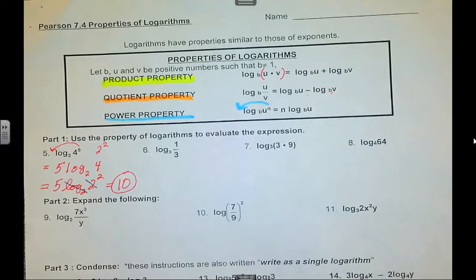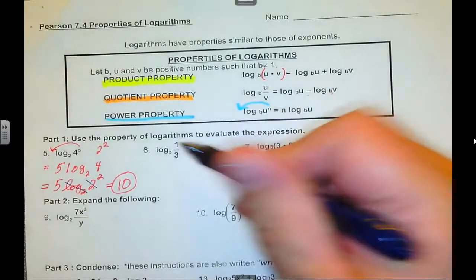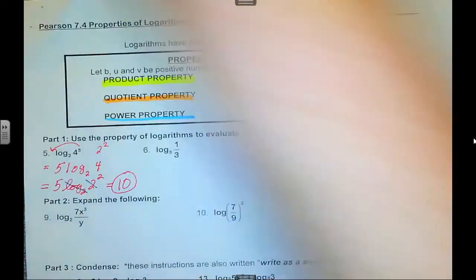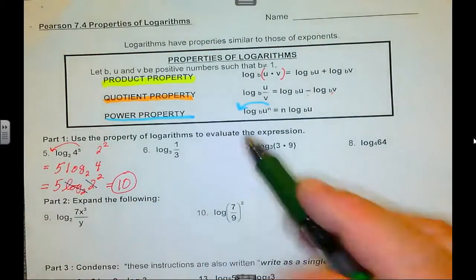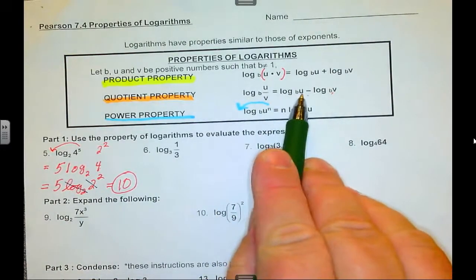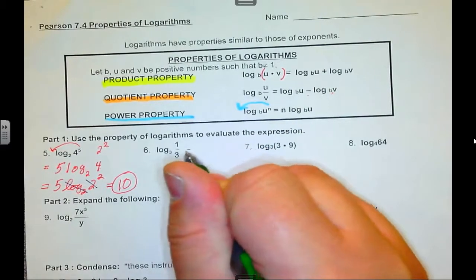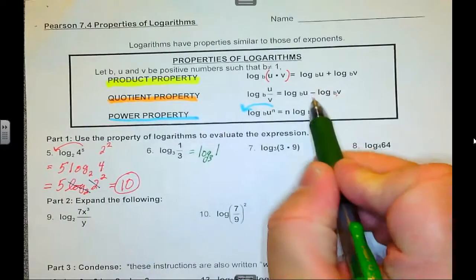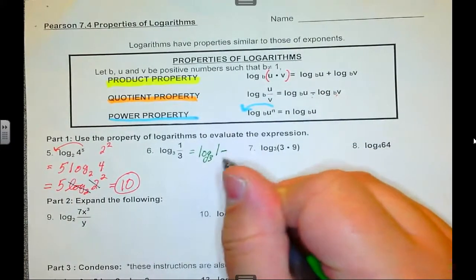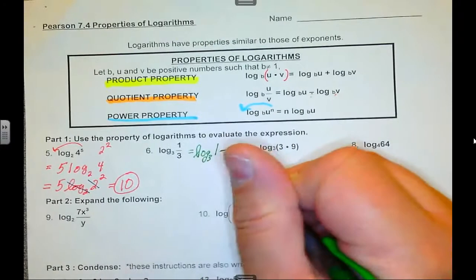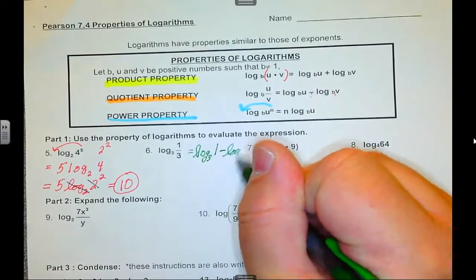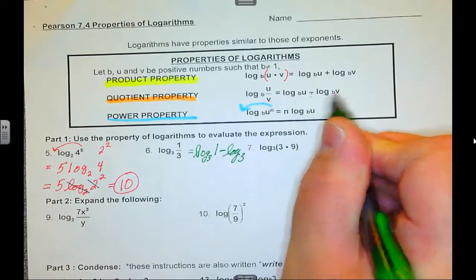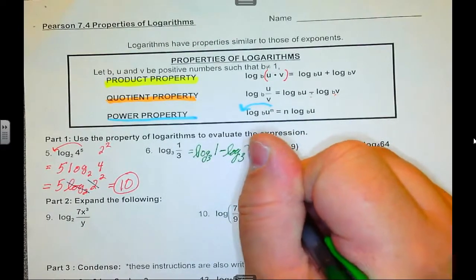Number 6. I have log base 3 of 1/3. I'm going to use the quotient property. So I'm going to take log base 3 of the numerator minus, you know what, I'm going to use cursive writing so it doesn't look like a 1, log base 3 of the denominator, which is 3.